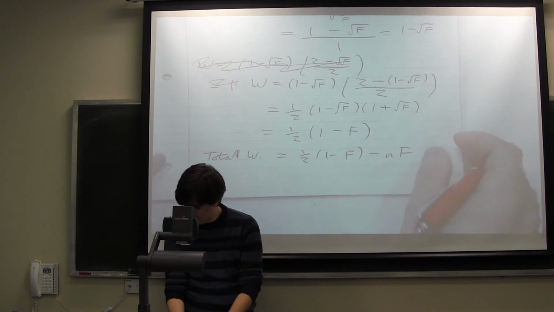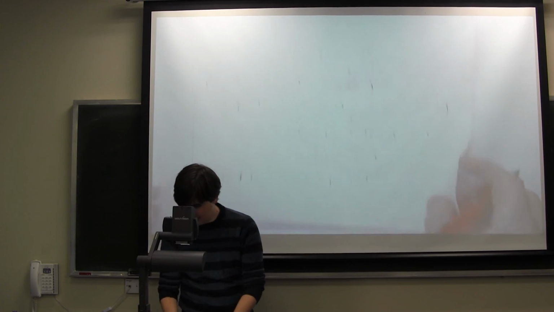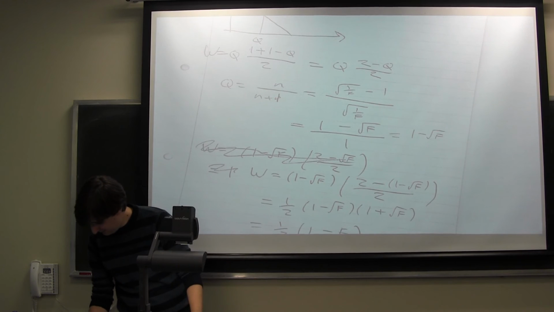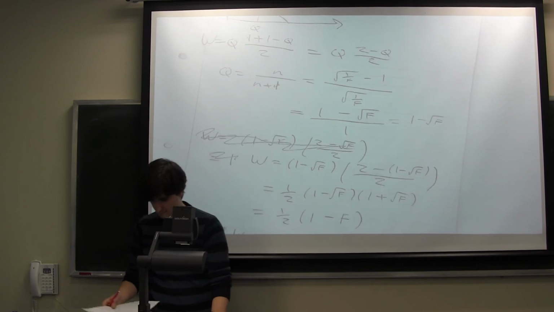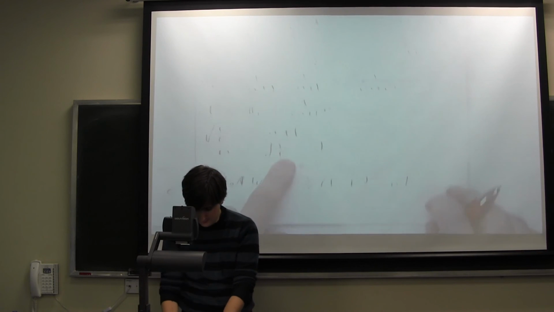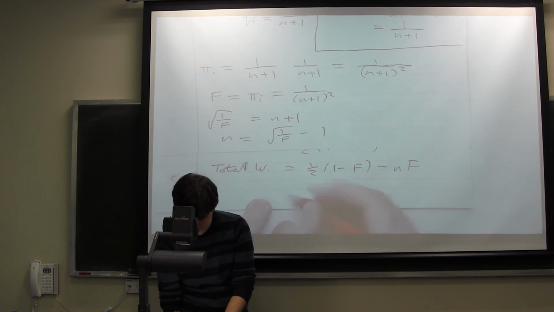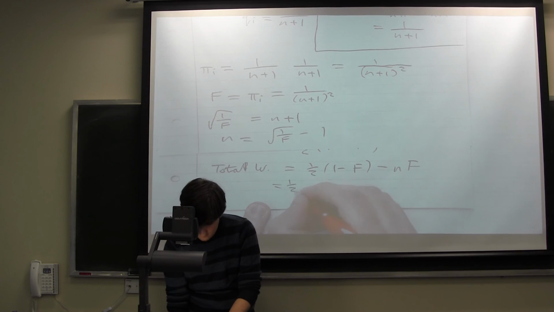And what is n? Well, n was on one of these pieces of paper. This one, was it? 1 over root f minus 1. 1 minus f.